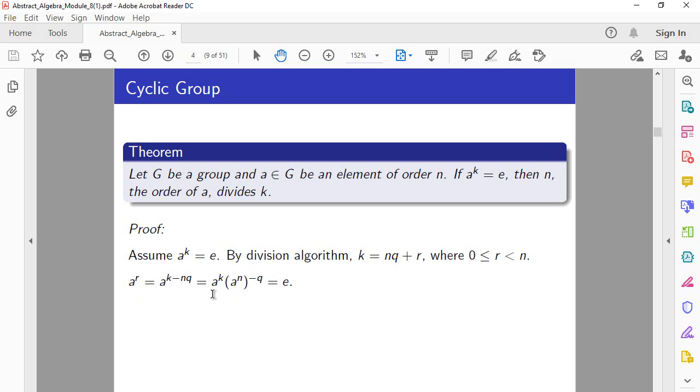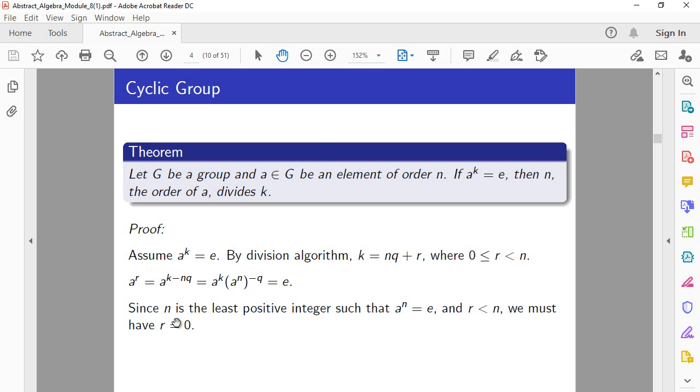And by assumption, A to the k is the identity, and also n is the order of A, so A to the n is the identity. So the whole thing here would be identity. So what we see then is that A to the r is equal to the identity.